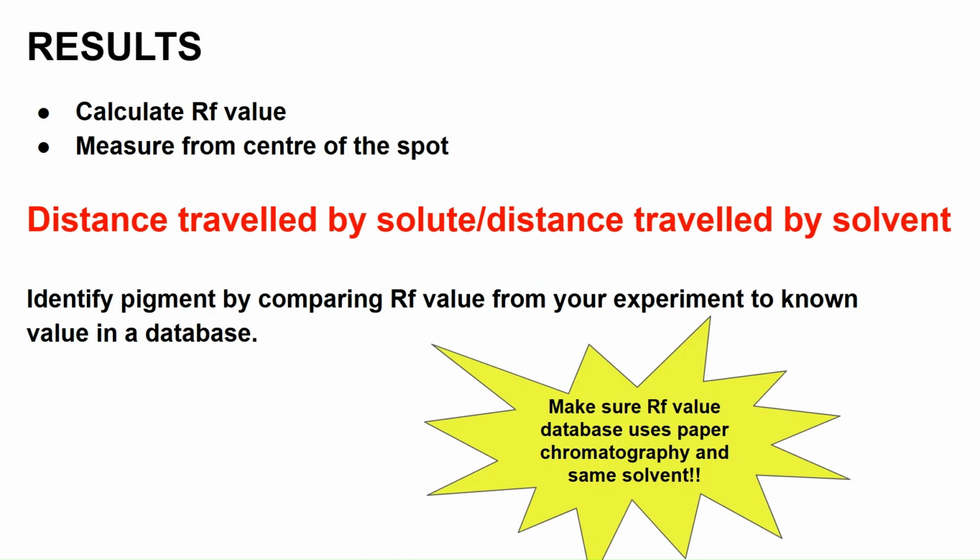So, for example, say chlorophyll A, which is a type of pigment, has an RF value of, I mean, this isn't the case, but say it's like 2 or something, and you have from your experiment a spot of pigment that is around that value, you can assume that that pigment is chlorophyll A. But it's really important to make sure that the RF value database that you use, because there are different ones, uses paper chromatography, so uses the same equipment as what you've done in your experiment, and make sure that your database has used the same solvent that you've used as well.